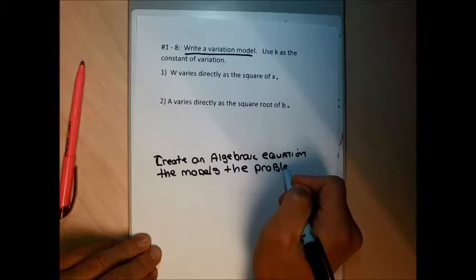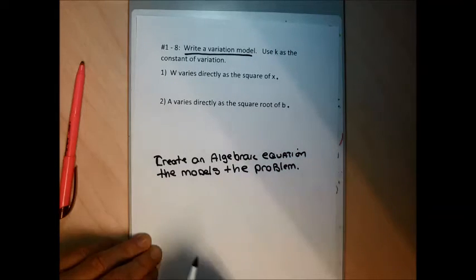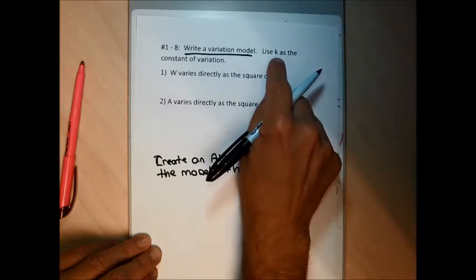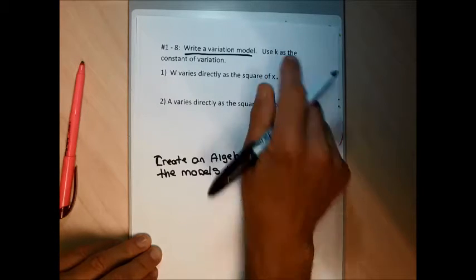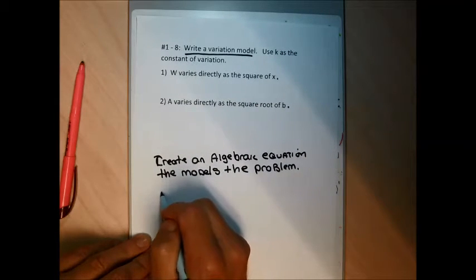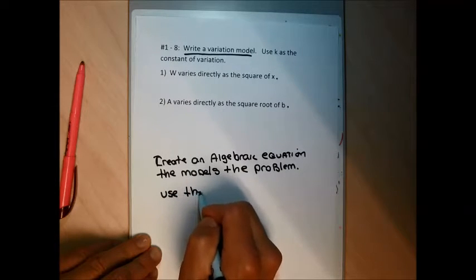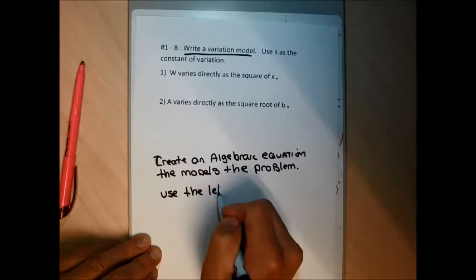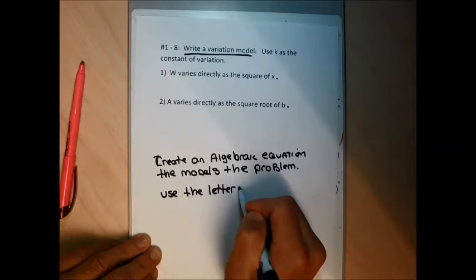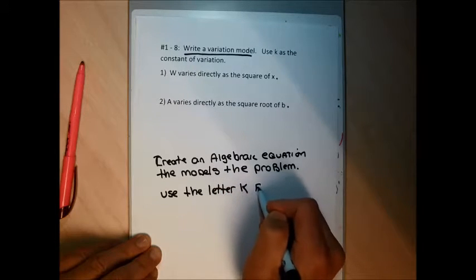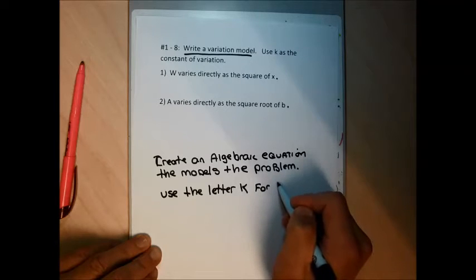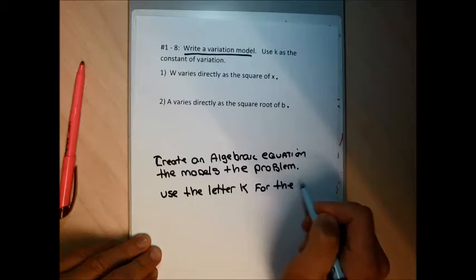And in these problems, we're going to introduce a letter that's not already given in the problem, and we call that letter the constant of variation. And the second sentence says use the letter K for the additional letter or the new letter that needs to be added to the problem.